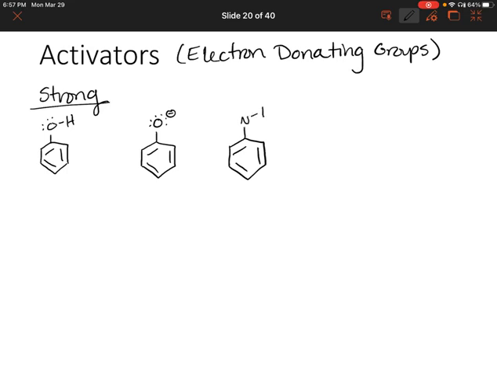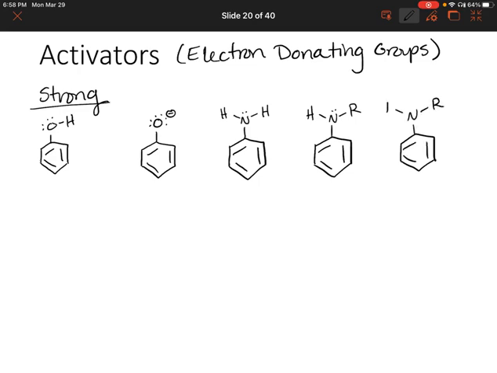So we could have a primary amine, a secondary amine, where we have some other alkyl group bonded to that nitrogen. And finally, a tertiary amine, where we have two other alkyl groups bonded to that nitrogen.